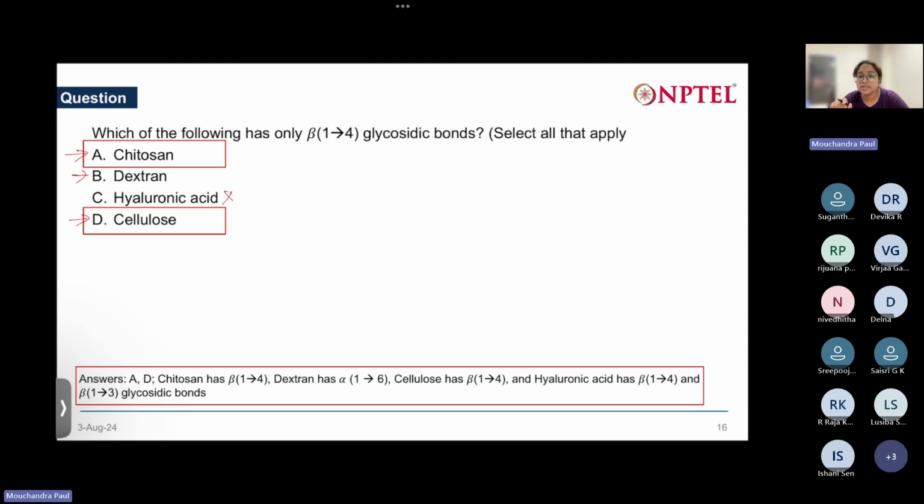And hyaluronic acid has two types of beta bonds, beta 1,4 and beta 1,3, not 1,6. You can memorize the monomers too. If you remember bonds and monomers together, you will remember the structure much better.